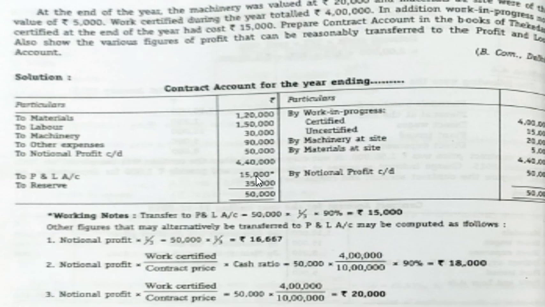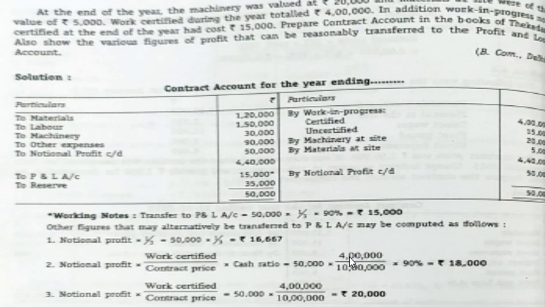So your notional profit is 50,000 into 1 by 3, which will give you 16,667. So this level of profit also can be transferred. It is based on the firm's decision. Next, the other formula is notional profit into work certified divided by contract price into cash ratio. Your notional profit is 50,000, and the work certified is used to find out the percentage of work completed.